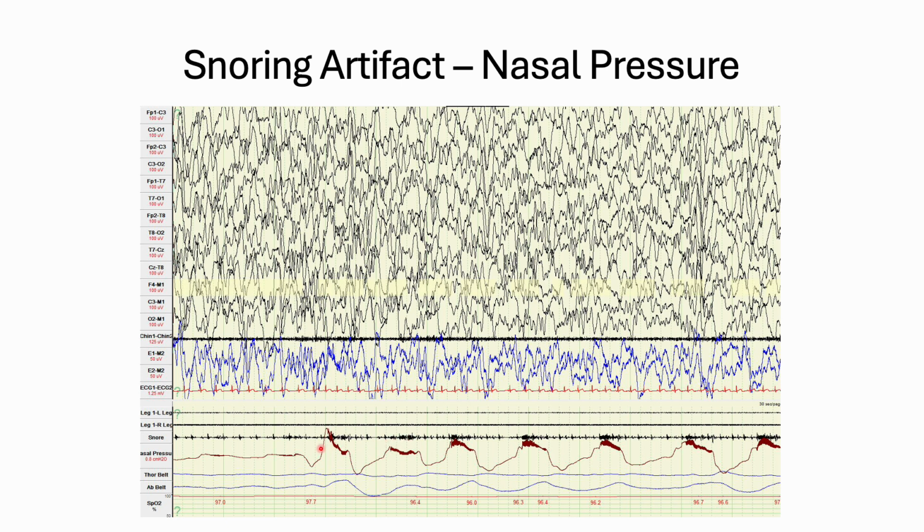Because look at the snore microphone. That and that and that and that all looks like it's either heartbeat or some other kind of artifact. Not exactly sure what that is, but that's some background noise on that snore microphone, and you can see that there are some darker areas of deflection there when the snores happen.